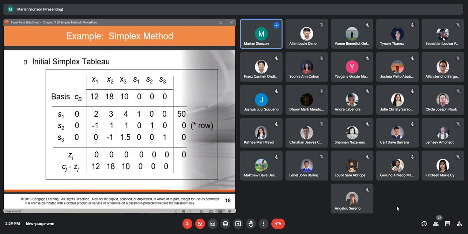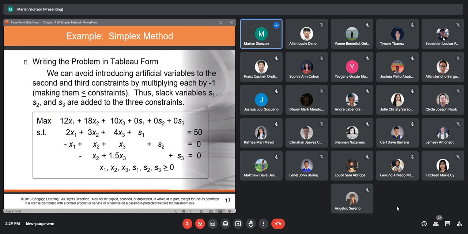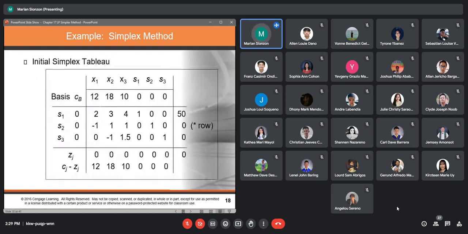It is also minus, so negative 1, 1.5, 0 here, right? 0, negative 1, 1.5, 0, 0, 1 equals 0. That is the result. Did you get it? Yes, miss.